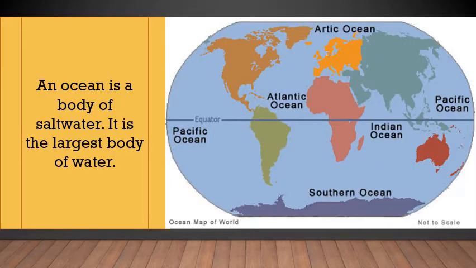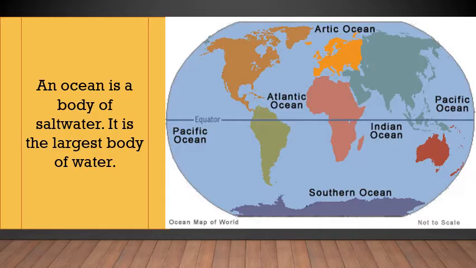An ocean, on the other hand, is a body of salt water. It is the largest body of water. Generally, an ocean is bigger than a sea. The sea is a part of the ocean.